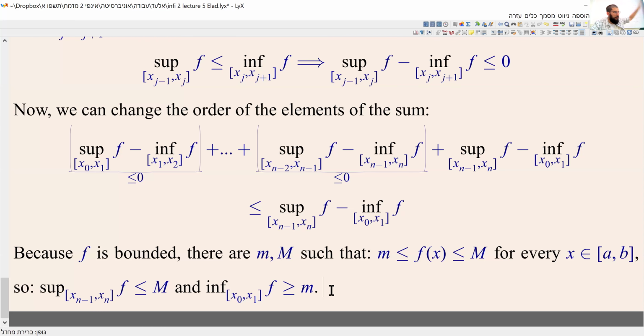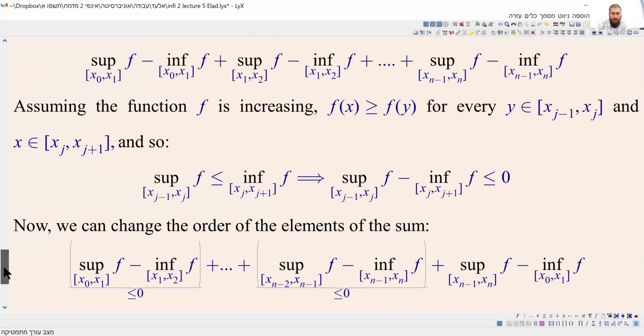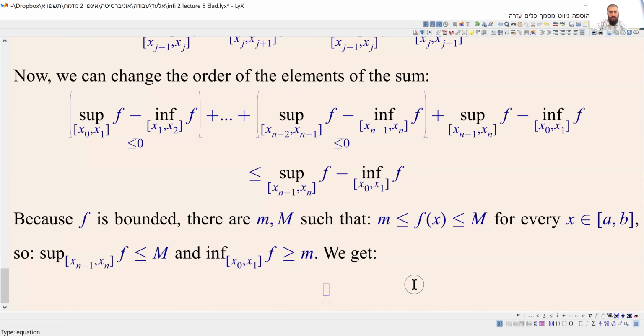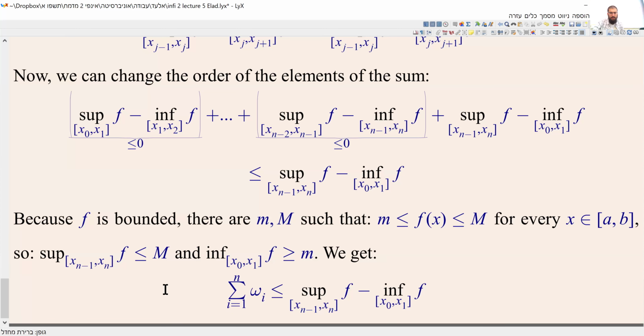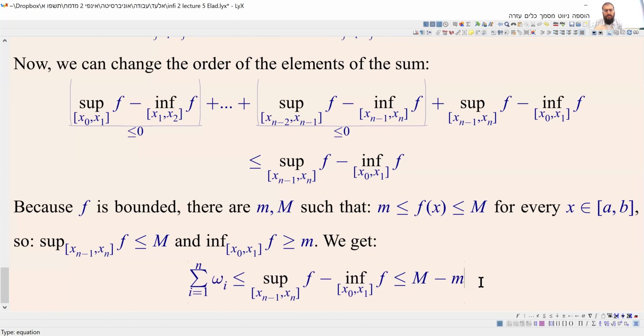Big M is bigger than the sup, and small m is smaller than the inf. We get that the sum of oscillations of omegas, which we've already seen is smaller than the difference between this sup and this inf, is smaller than the difference of big M and small m, because I just enlarged the sup and made the infimum smaller.